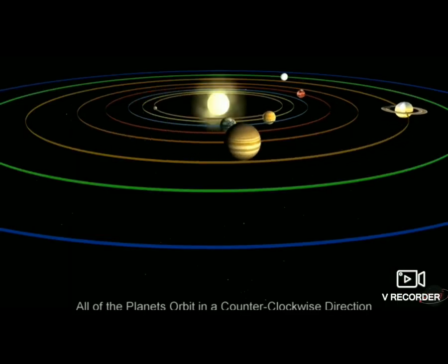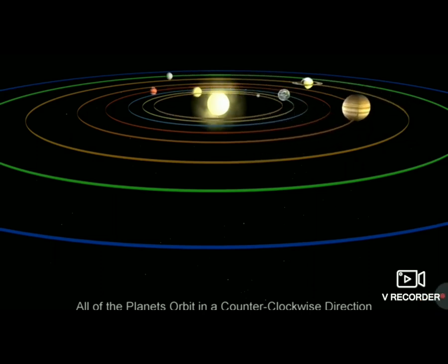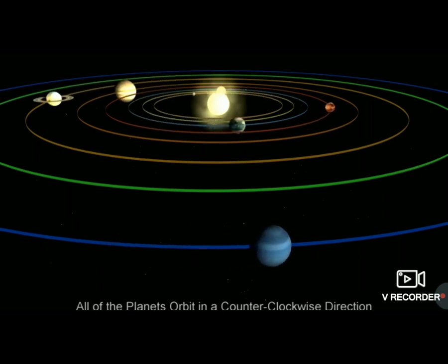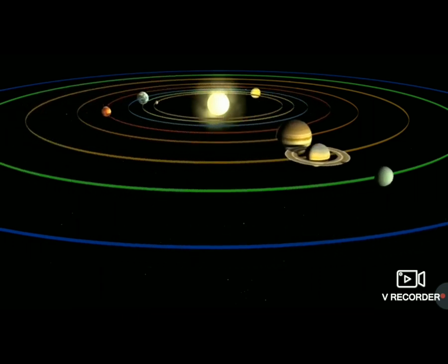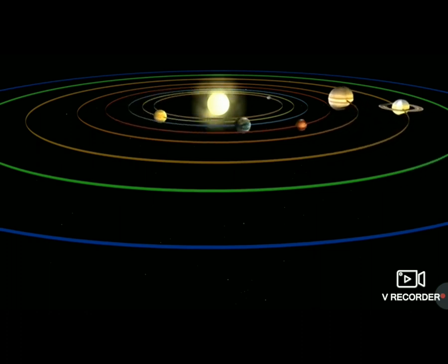This video shows how the Earth and other planets revolve around the Sun through its orbit. You can see that there is an Earth revolving around the Sun. This is known as revolution. And Earth is also moving on its axis, that is known as rotation.